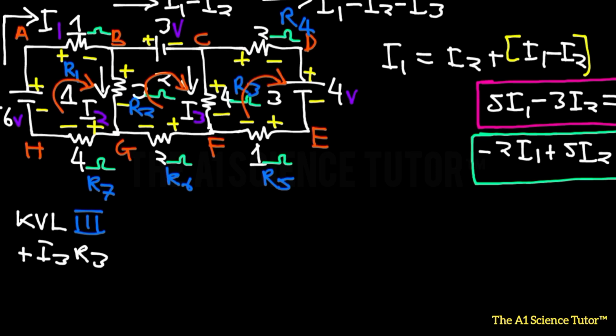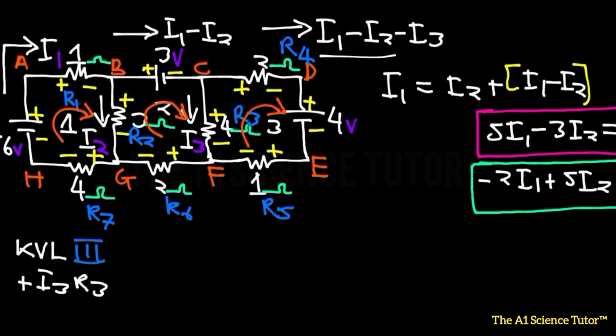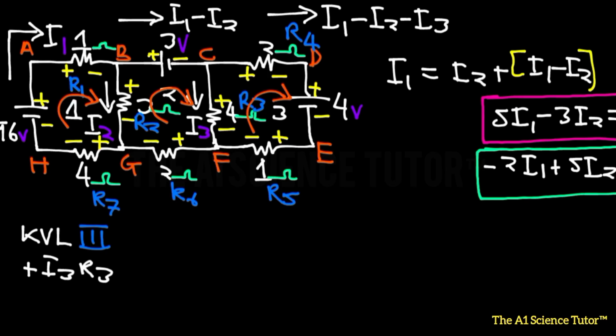Next up we have this. The current that goes through the 2 ohms resistor situated there, that is R4. That current is going to be I1 minus I2 minus I3, so that is going to end on a negative note. That will be I1 minus I2 minus I3, multiplied by R4.